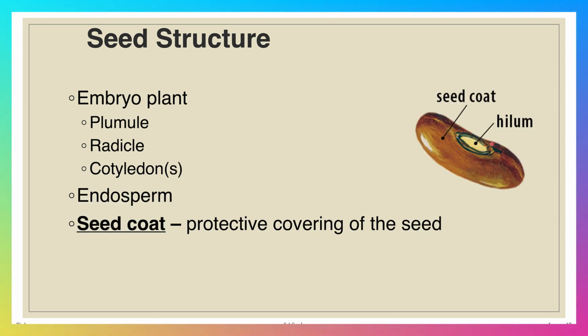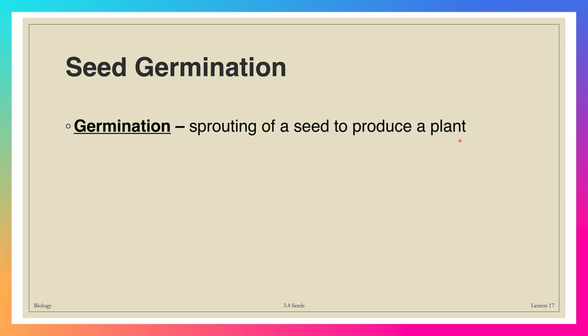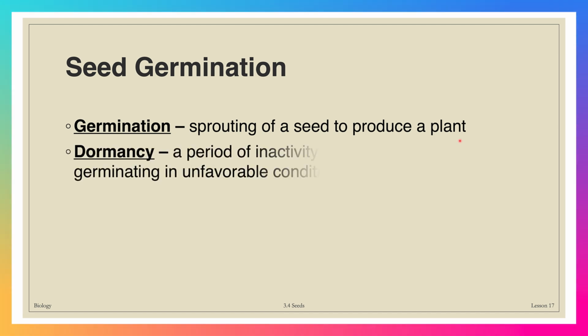Now this seed shows the seed coat, and the seed coat is a protective covering over the seed. And there's a structure here called the hilum, and the hilum is a scar where the seed was attached to the ovary wall before it was released. Germination is the sprouting of a seed to produce a plant.